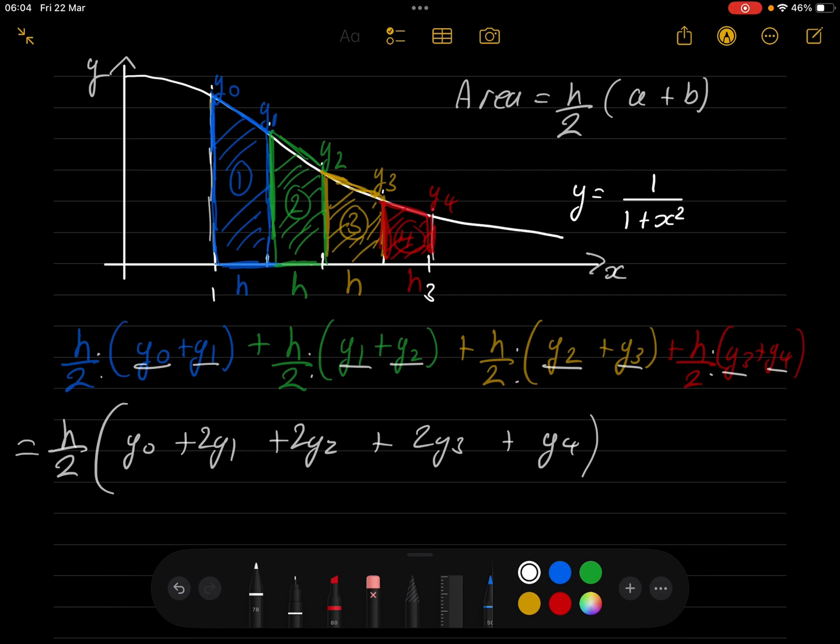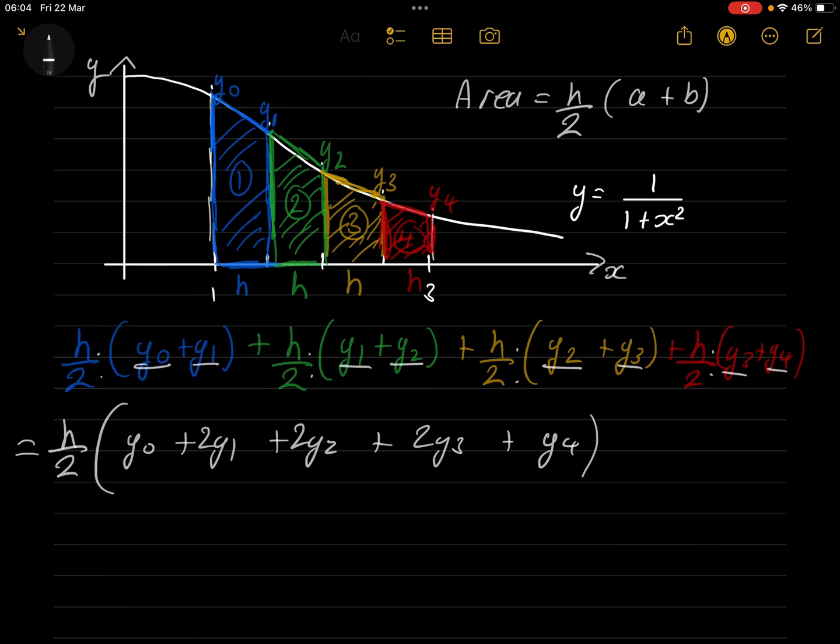Let's start off by finding out the width of our trapeziums. Well, on the x-axis, we're travelling a distance from x equals 1 to x equals 3. So the height is the total x distance, 3 take away 1, divided into 4 strips, which equals 0.5 in this case. So substituting that h for 0.5.